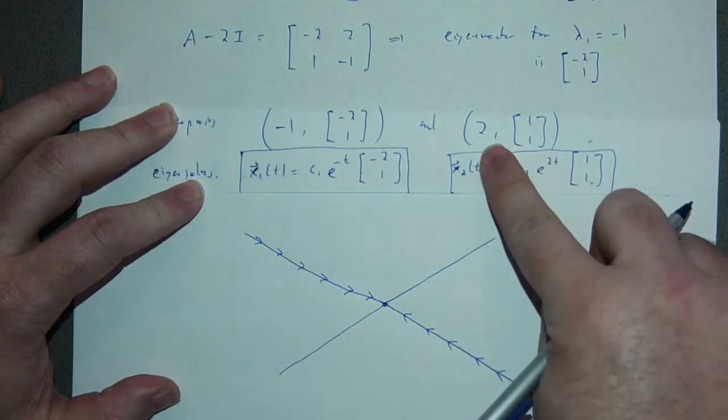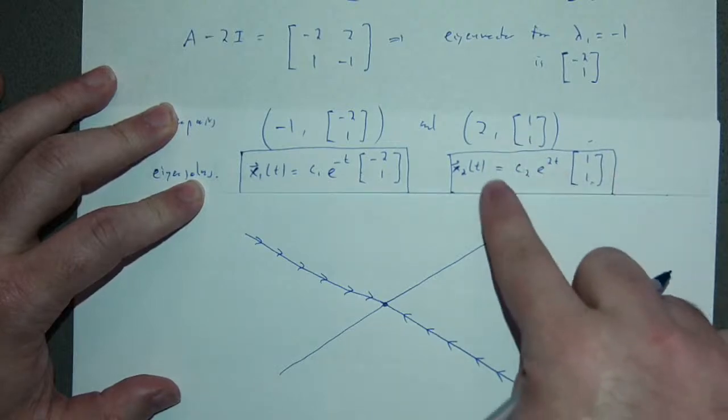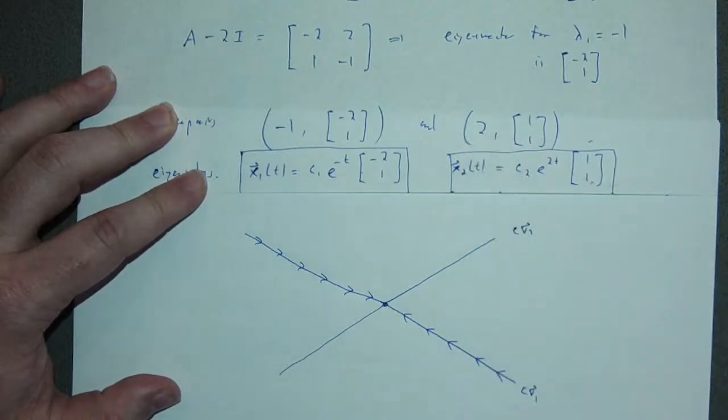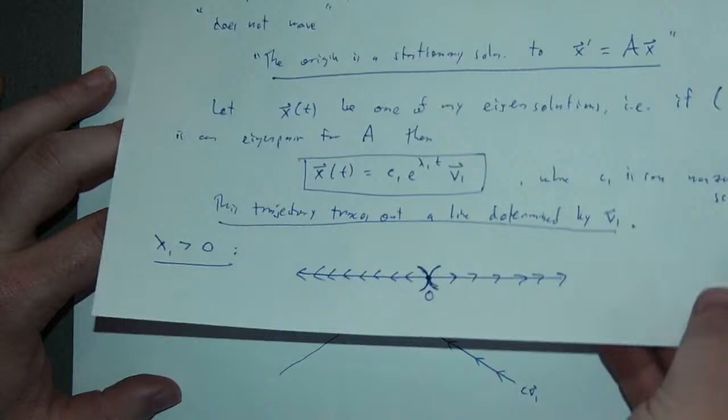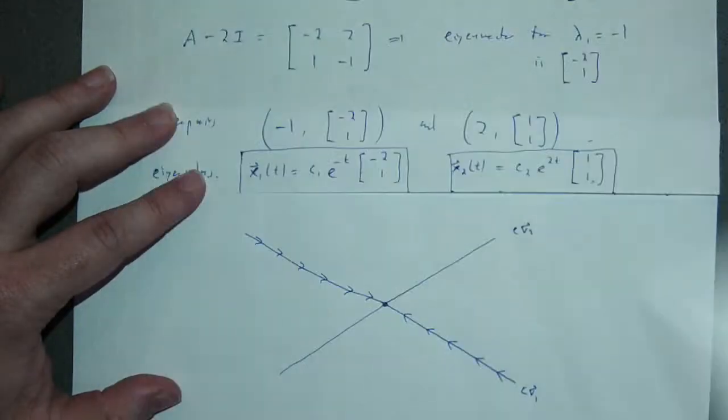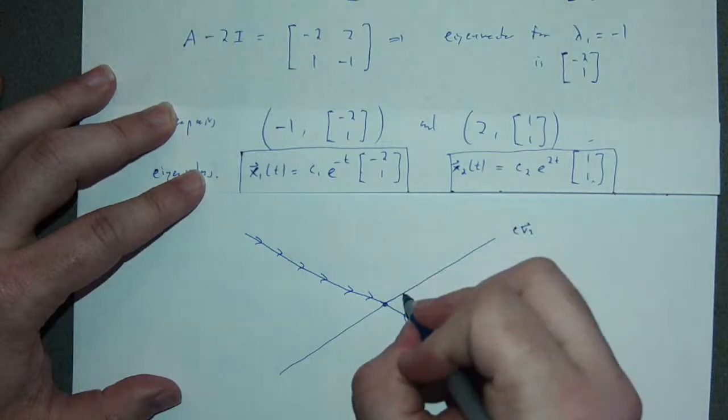On the other line, determined by the vector 1, 1, so V2, my eigenvalue is positive. That was the first case I handled. In that case, I get motion away from the origin.